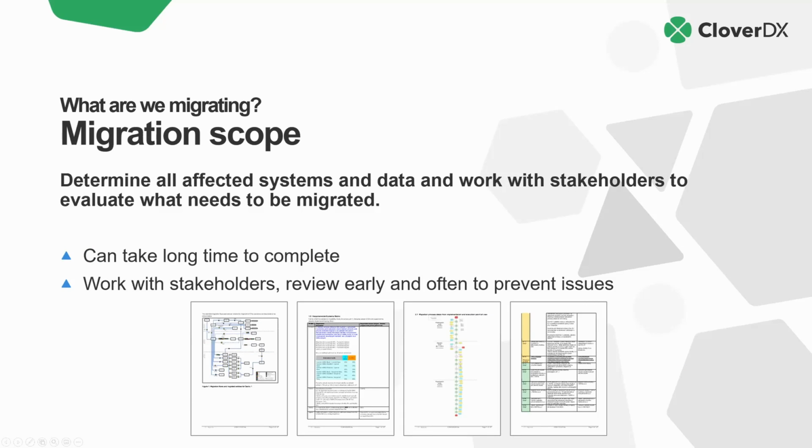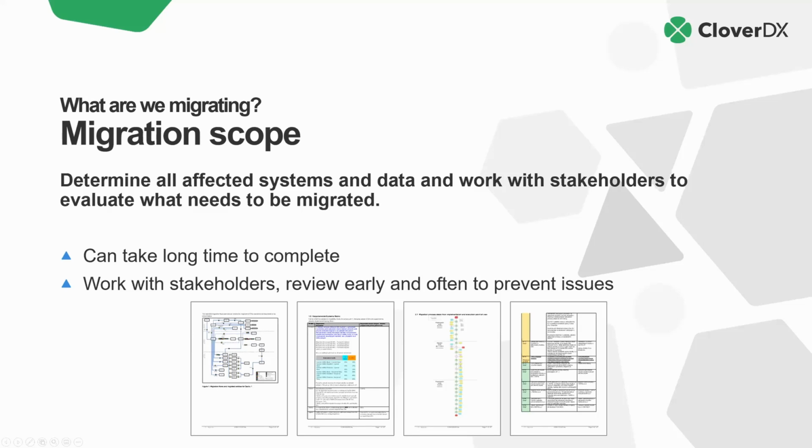Now, we know the general strategy, and we need to define the scope, which basically means that we need to define what we will actually be migrating. This process may take quite a long time, and we shouldn't save much on this one. It's really about defining what we will include in the project.